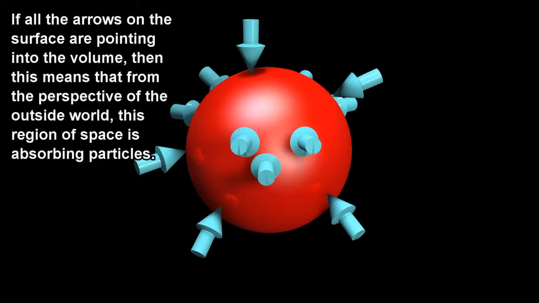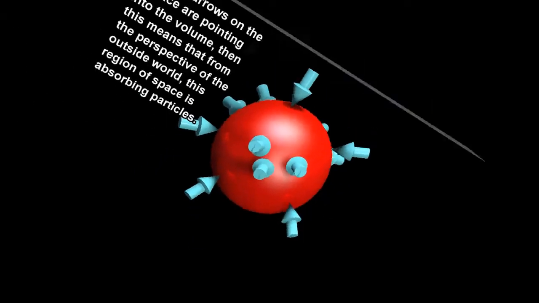If all the arrows on the surface are pointing into the volume, then this means that from the perspective of the outside world, this region of space is absorbing particles.